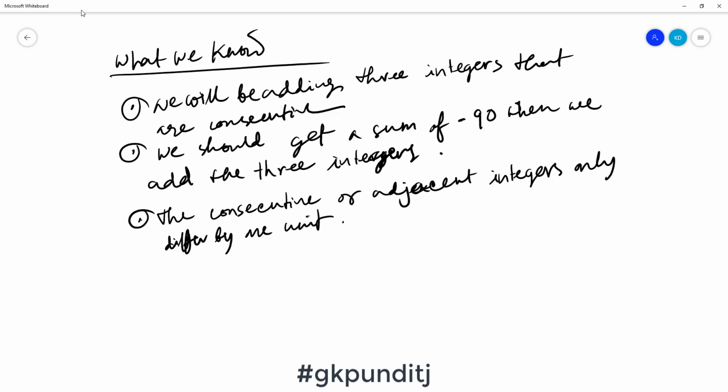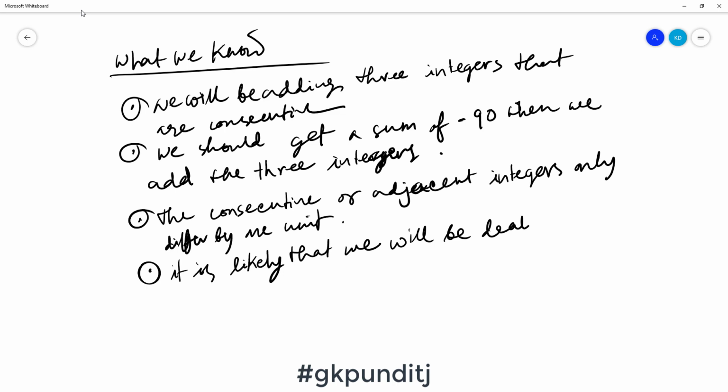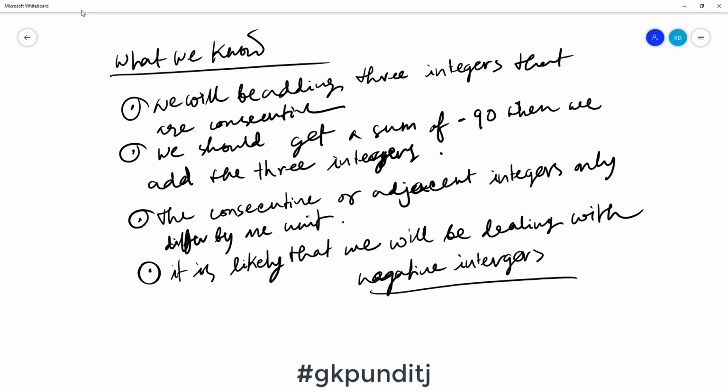Okay, so another thing, it is likely that we will be dealing with negative integers. So this needs careful attention, negative integers.